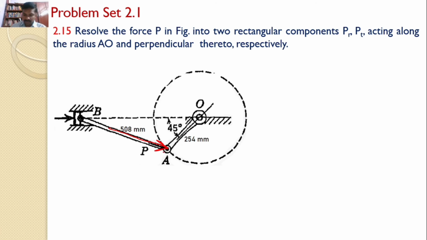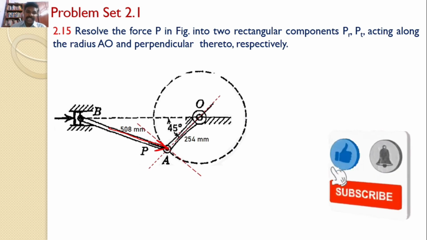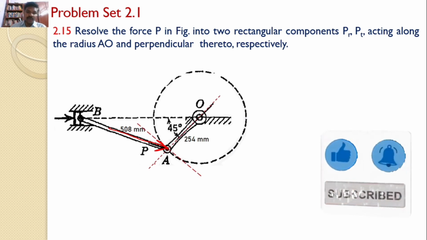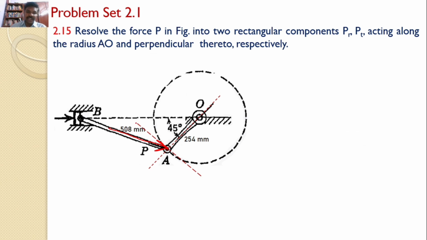Now our aim is to resolve this force into two components, and those two components are like this. One is along AO and another one is perpendicular to AO. Let us assume that this is my x-axis and this is my y-axis. We need to resolve this force P along this x-axis and y-axis.